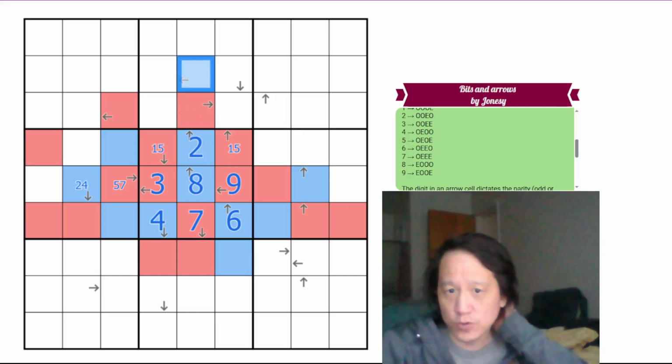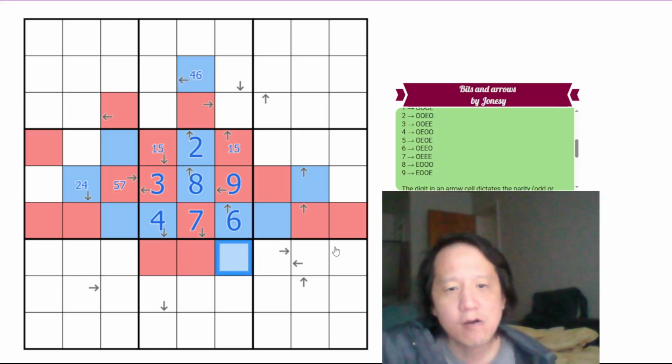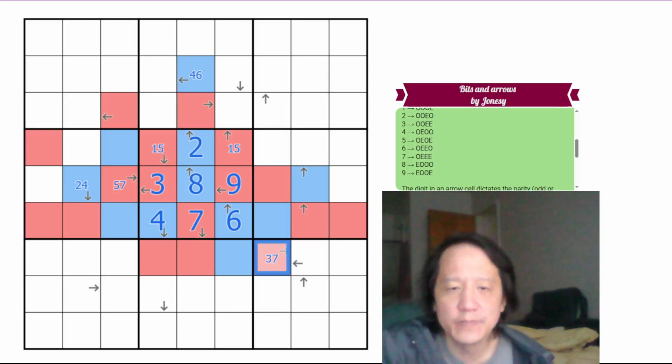This is 4 or 6. We don't know which. This means last one is even. So blank, blank, even, even. So this must be an odd digit. And it's 3 or 7?